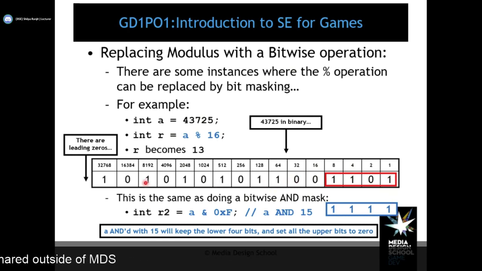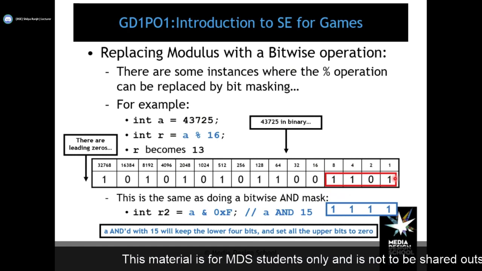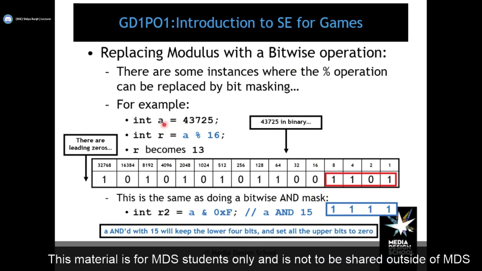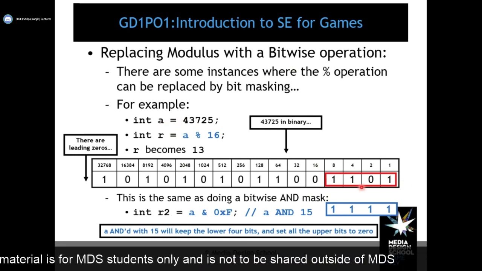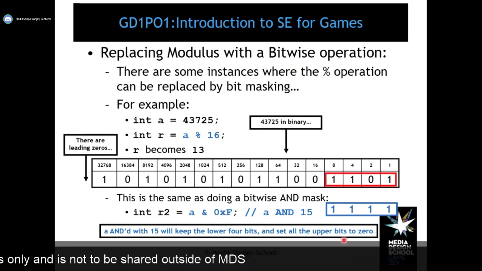So on all the remaining bits, it's going to be 0. In this case, you would end up with 1101, which is the same as the last 4 bits of 43,725, or the last 4 bits of the integer value a. So a ANDed with 15 will keep the lower 4 bits and set all the upper bits to 0.